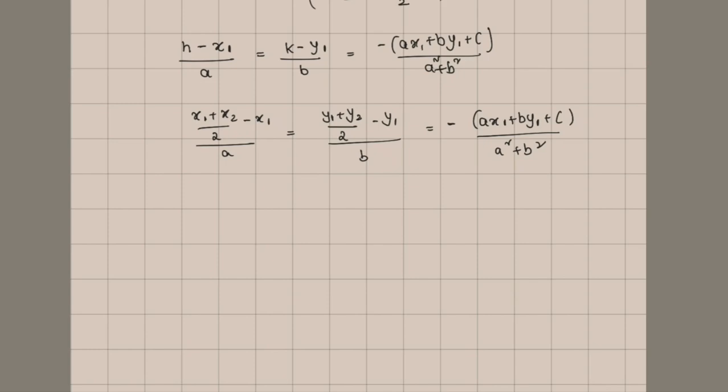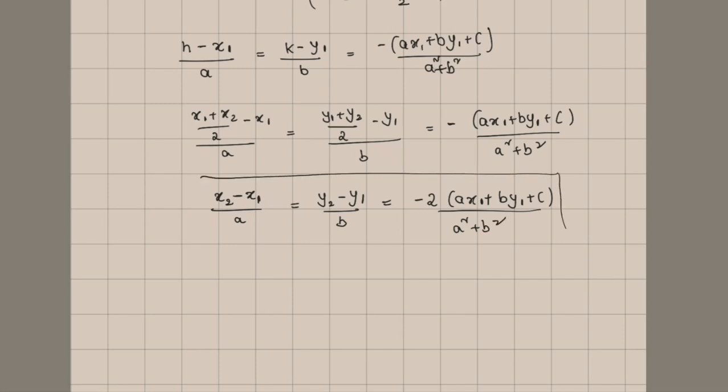So you get x2 minus x1 by a equals y2 minus y1 by b. You get 2b and 2a here. So multiply the whole equation by 2, which gives minus 2 into ax1 plus by1 plus c by a square plus b square. This is the condition for finding the image of a point P.